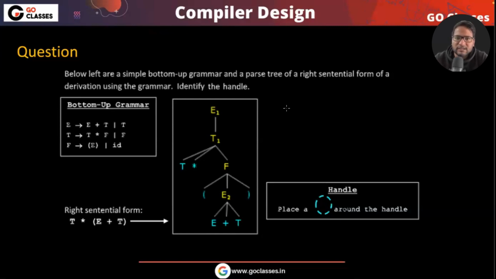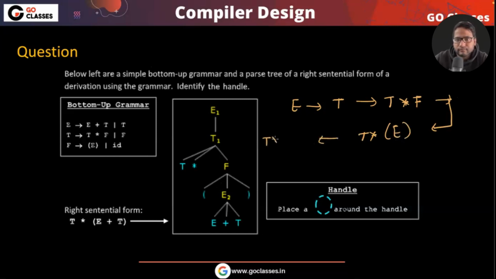See, if you go for the right sentence form derivation, you will say this is E, and then from this E, you want to generate E plus T. So this E is going to T, this T is going to T into F, and then this F is going to bracket E, and then this E is going to E plus T. So what is the handle?